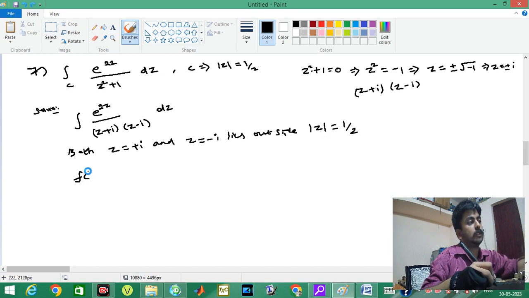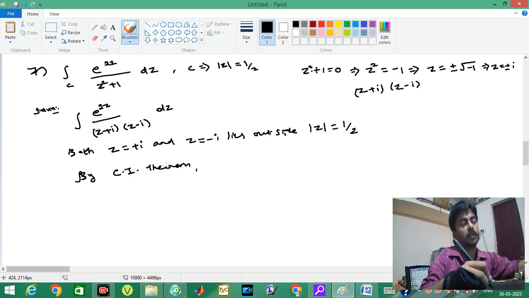I am not going to repeat the same thing here, but you have to write the statement by Cauchy's integral theorem. f of z is analytic inside and on C, and f dash of z is continuous. Therefore by Cauchy's integral theorem the given integral has the value 0.